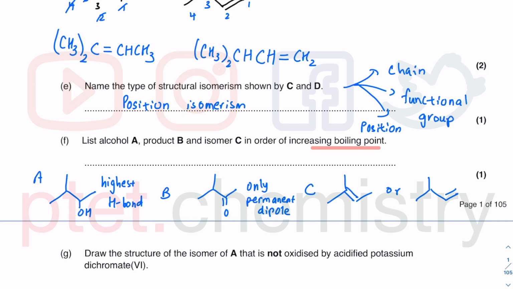But here, only London dispersion forces, or you can say only weak van der Waals forces, so no permanent dipoles or whatnot, because there are no very electronegative atoms like oxygen in these alkenes here. So the lowest is going to be C, and then it's lower than B and lower than A, which can form hydrogen bond there.